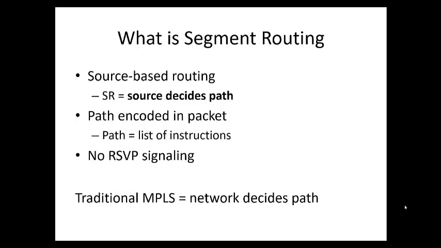That's not the one which we see here. Here, the head-end router will decide the path, and the head-end router will insert the list of instructions that is needed for the path to be used, and as it goes, it simply tells the routers, this is my path, I am going this way.